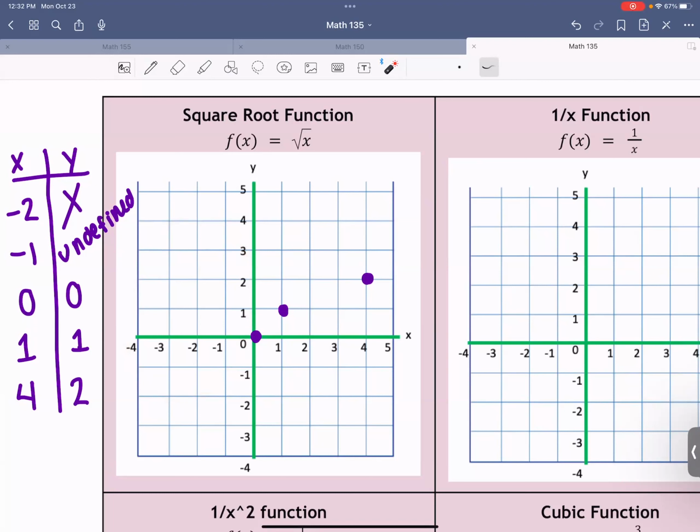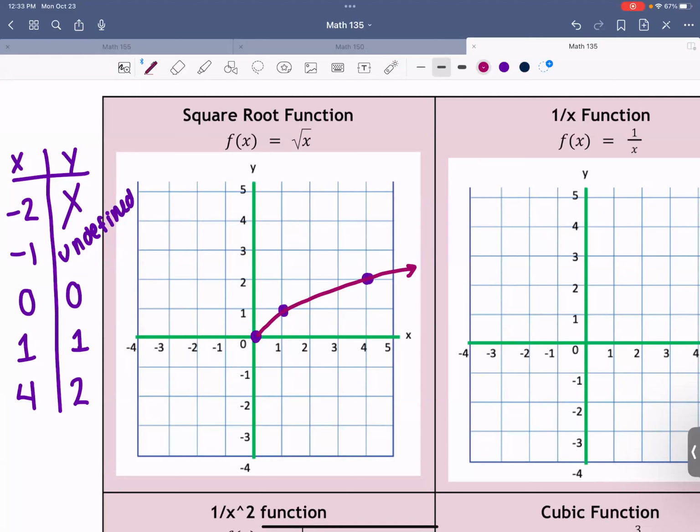Okay. Now, when we connect the dots, this is a very smooth curve. The square root function is very related to the square function, the parabola. So it basically looks like a parabola turned on its side without the other half. So if we were to draw a half U shape, that's what the square root function looks like.